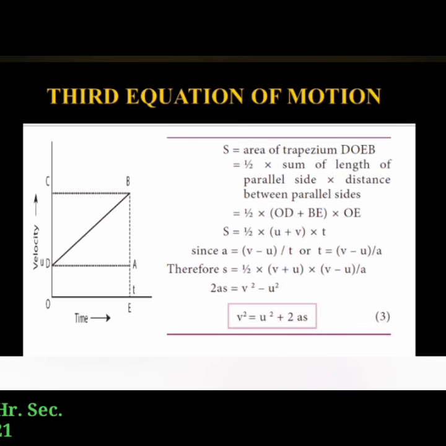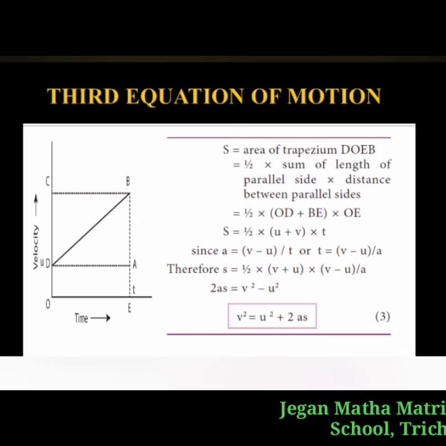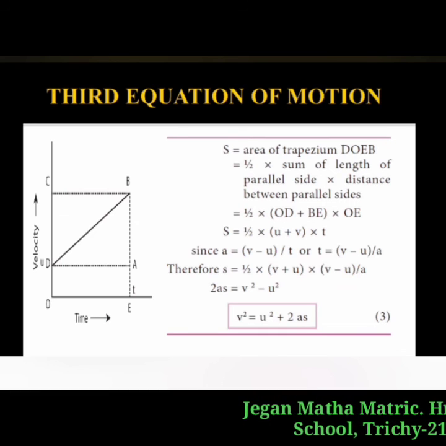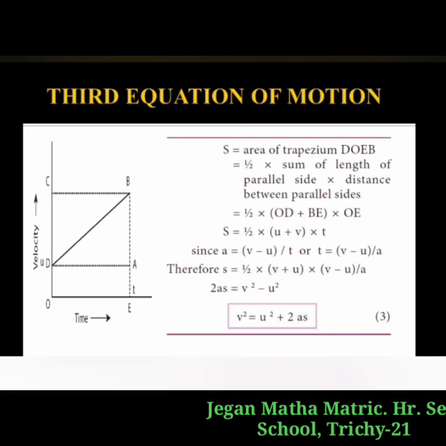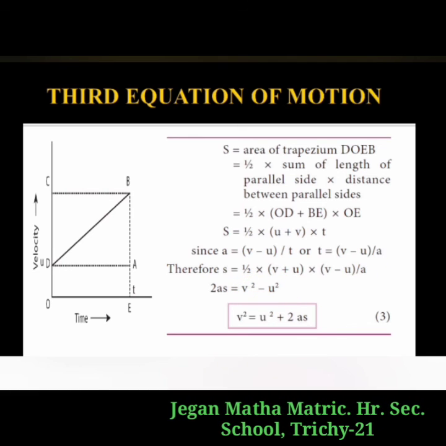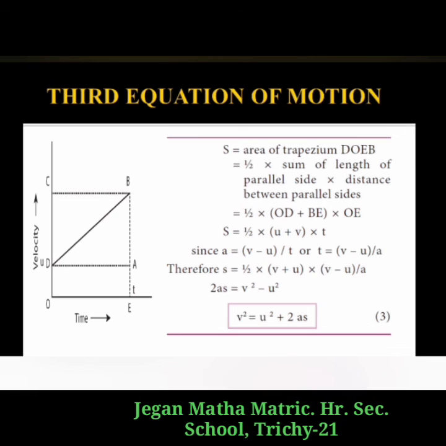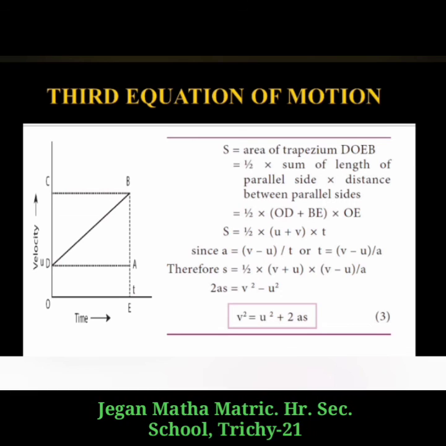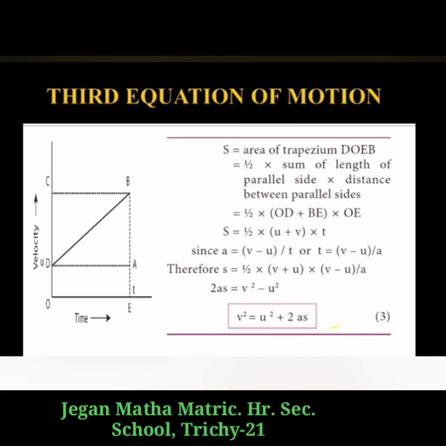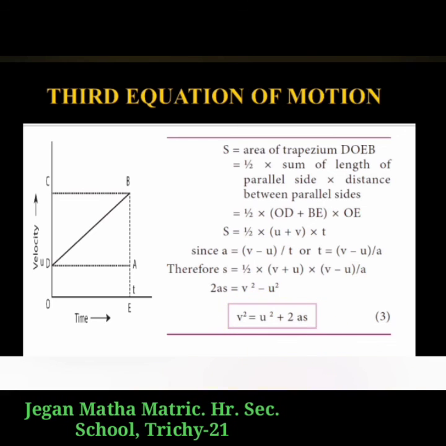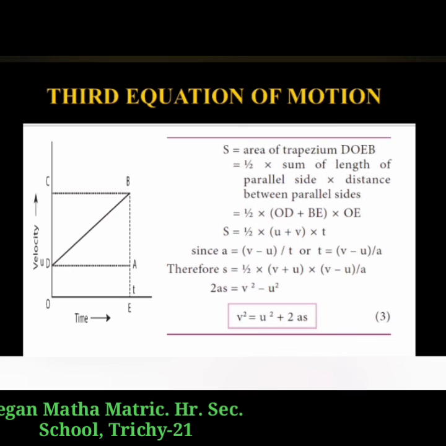From this we get 2as is equal to v square minus u square, because a plus b into a minus b is equal to a square minus b square. So v plus u into v minus u gives v square minus u square. So v square is equal to u square plus 2as. So this is the third equation of motion.